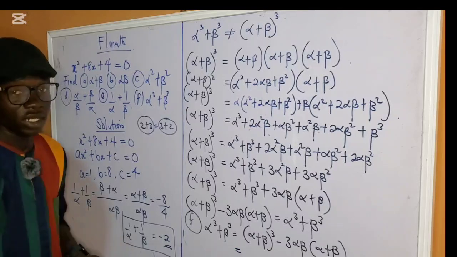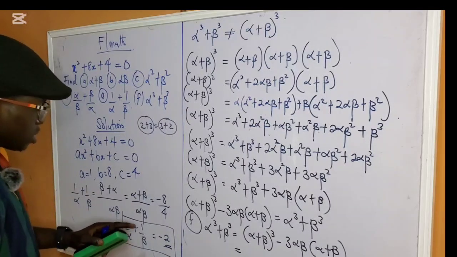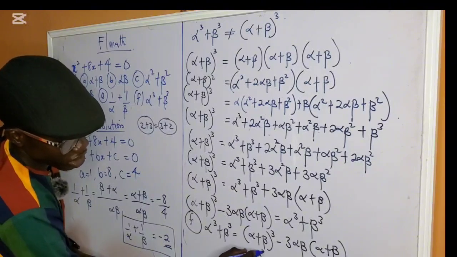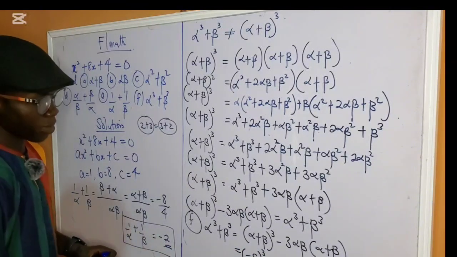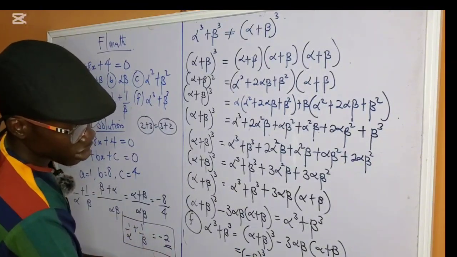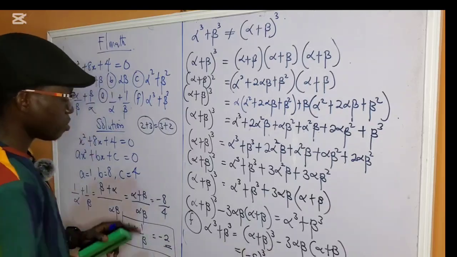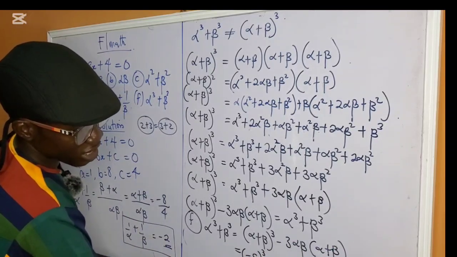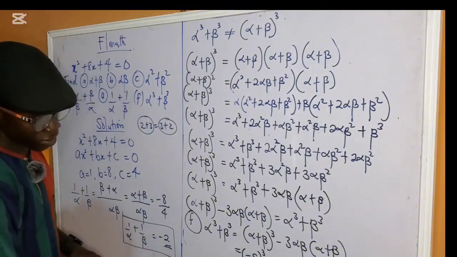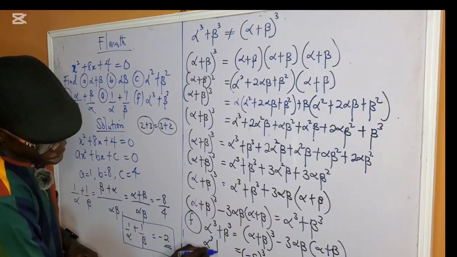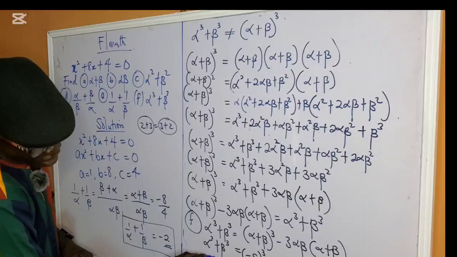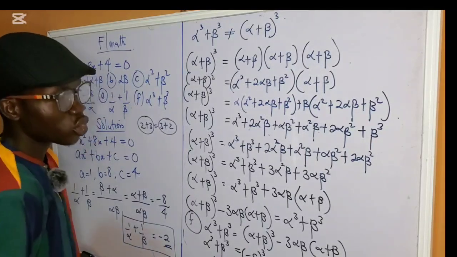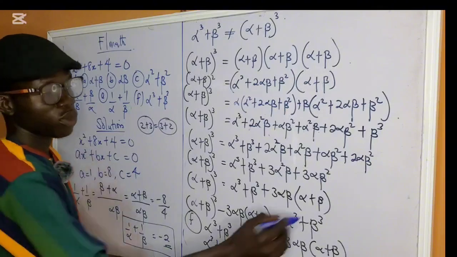So how can we write this? Alpha plus beta is minus 8, right? And the cube of minus 8, minus 3 bracket, alpha beta is 4 and alpha plus beta is minus 8. So alpha cube plus beta cube equals minus 8 cubed. Minus 8 squared is plus 64, right?